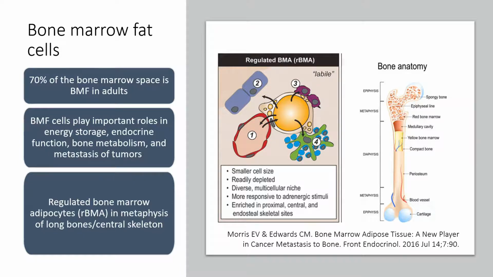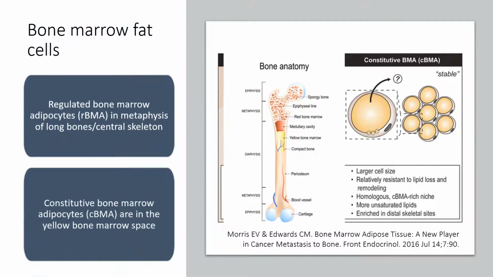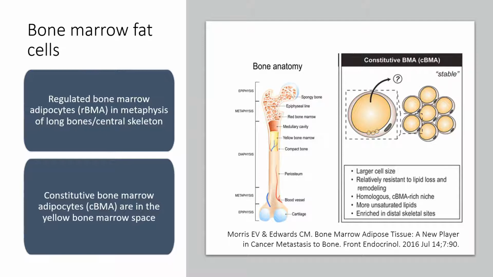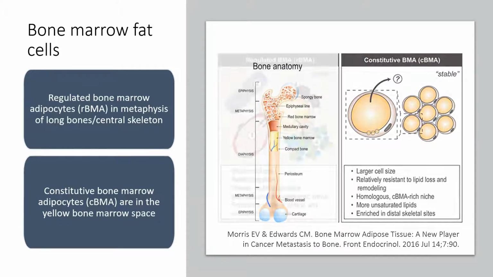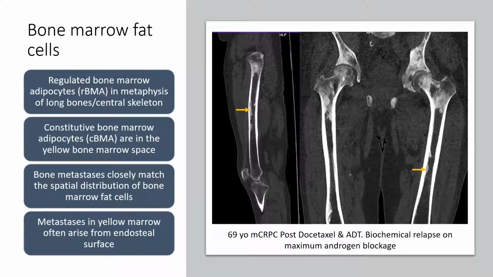But there are also yellow bone marrow fat cells, which are much larger in size, and they tend to be found in the shafts of the bone marrow, where there is relatively little hematopoiesis going on. And you can see how metastatic disease tends to go mostly to the axial skeleton, with relatively little disease in the shafts of the bone marrow.